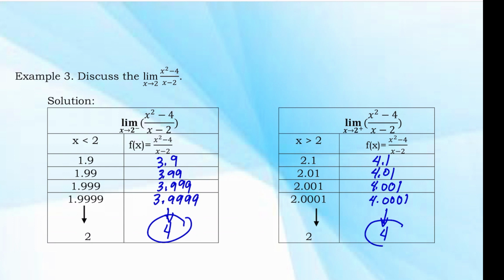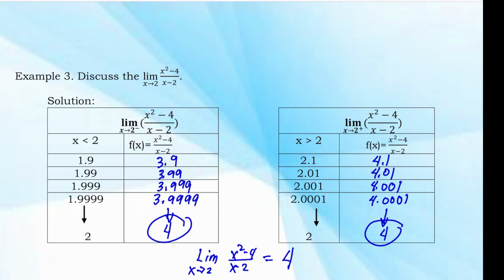Since these are equal, the limit of x squared minus 4 over x minus 2 as x approaches 2 from the negative side is equal to the limit of x squared minus 4 over x minus 2 where x approaches 2 from the positive side. So the limit of the function as x approaches 2 is equal to 4.